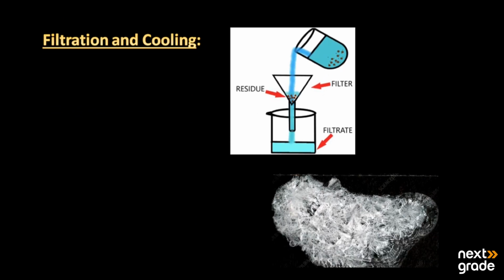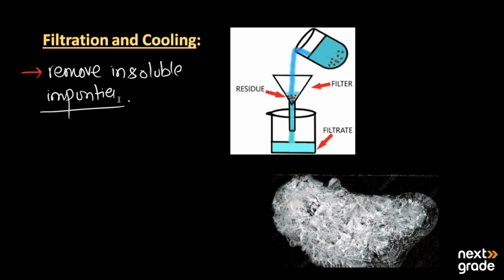After that, we have the next step, which is the filtration. When we do the filtration, it will remove the insoluble impurities from the solution. The solution that we have prepared was the saturated solution.